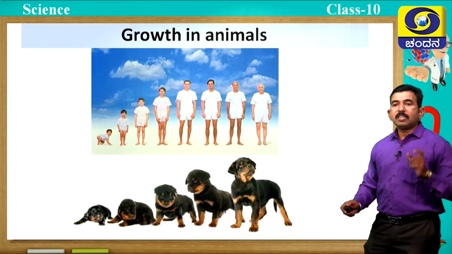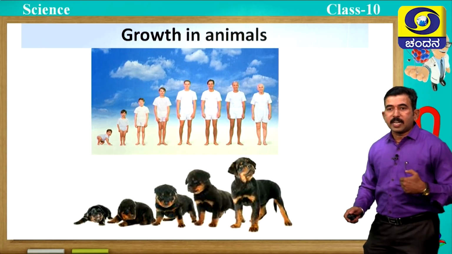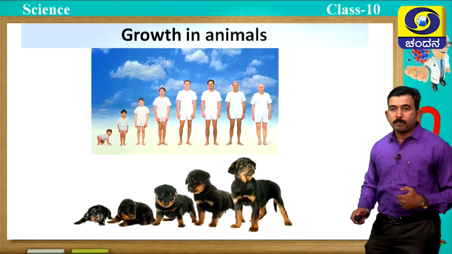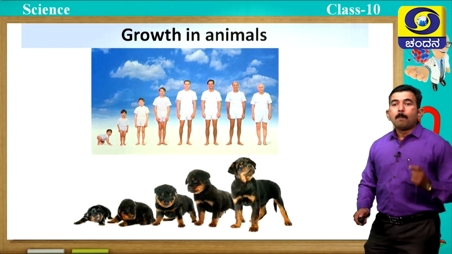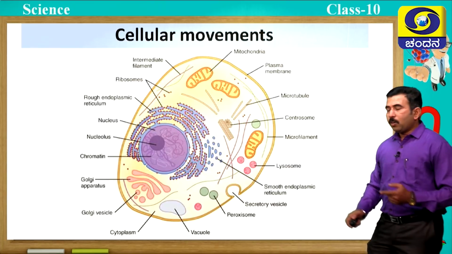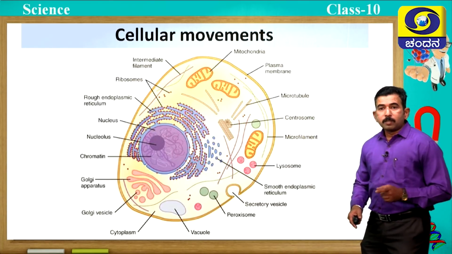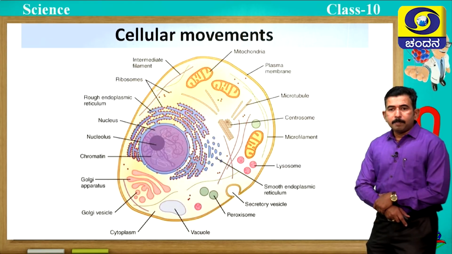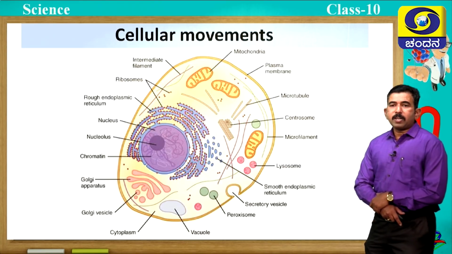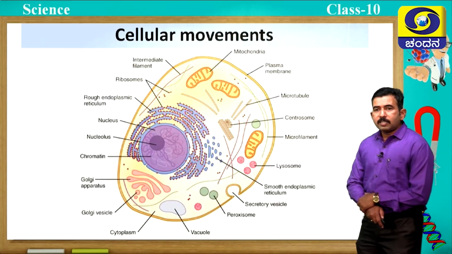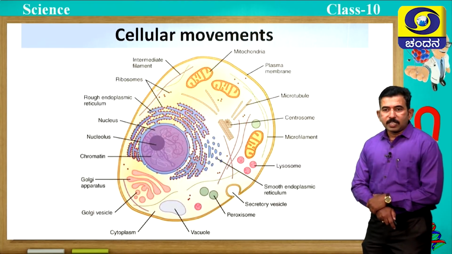Of course, there are certain movements taking place inside the body of living organisms, and these movements are molecular movements. You can observe the picture here. Cellular movements. Here there is an animal cell which consists of different organelles, and these organelles perform particular functions.